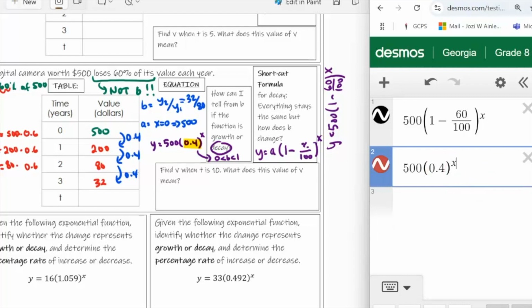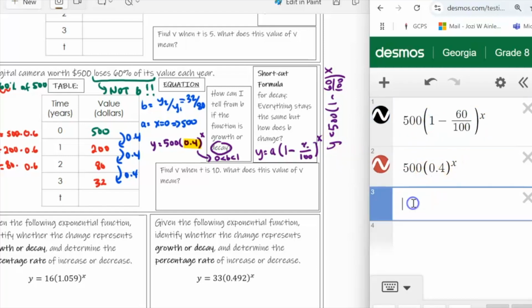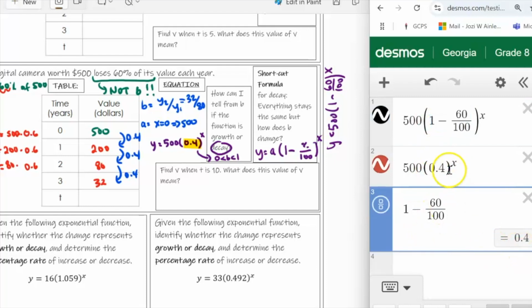Yes, and you can see what happens to the graphs. They're exactly the same. And if you don't believe me on that, we're going to take the inside, because that's all the change, put it right here, and you see it's 0.4. So this is the shortcut formula for just decay.